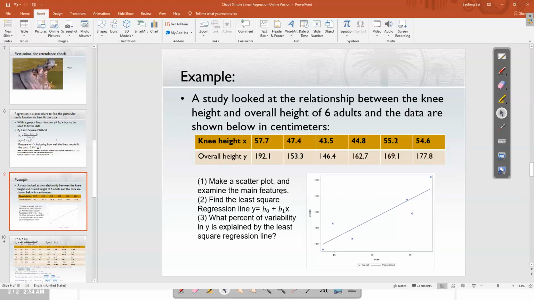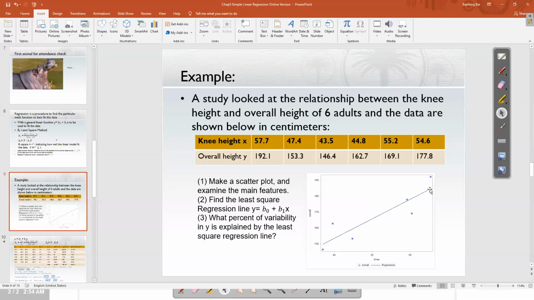Make a scatter plot and examine the main features. You have a scatter plot of 6 points. It's a linear form, positive direction, and we asked you to estimate the strength last class. It's actually a pretty strong relationship with correlation 0.89.